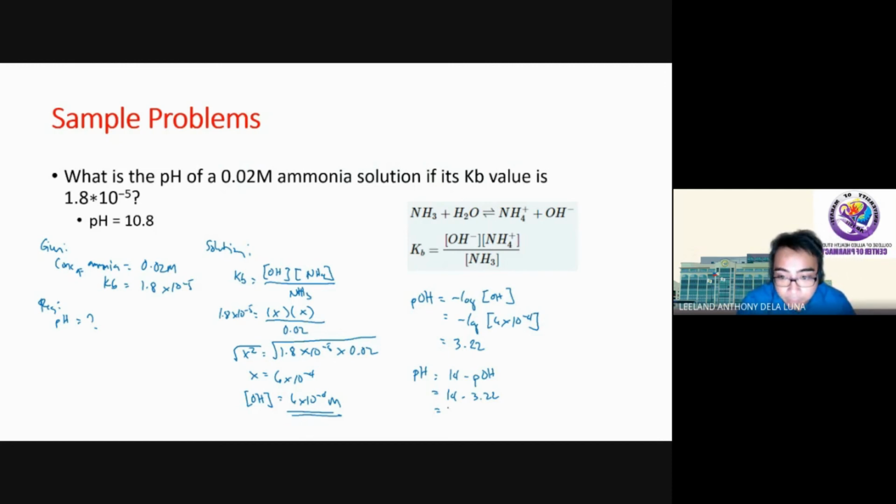You get 10.77, ayan, 78. Or sabihin natin 10.8, okay, if rounded off. Right? 78 ba ito? Okay. So are we good, class? Are we clear? Okay, make sense? Yes po, sir.